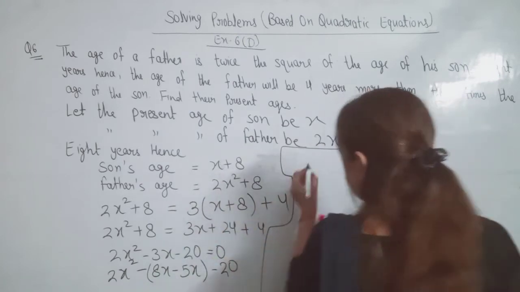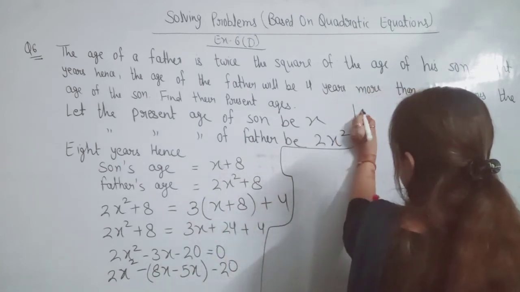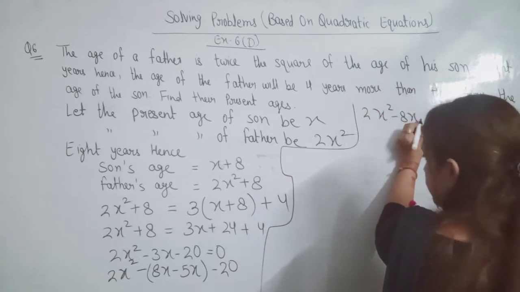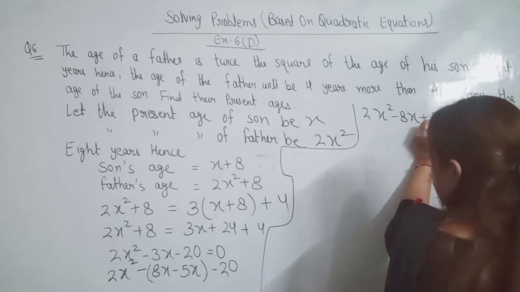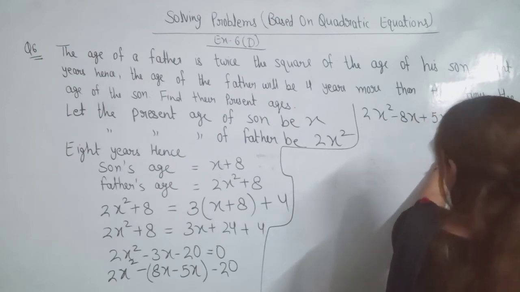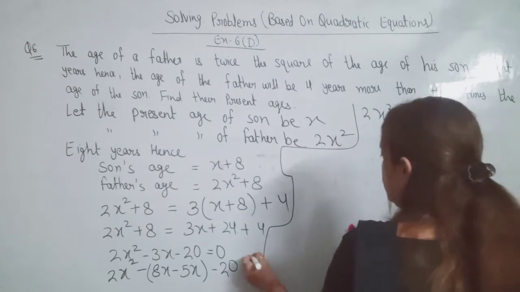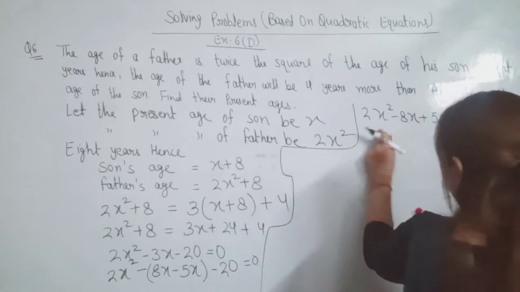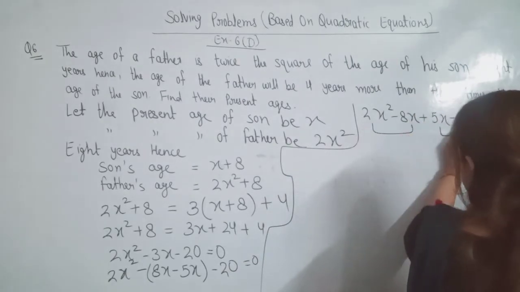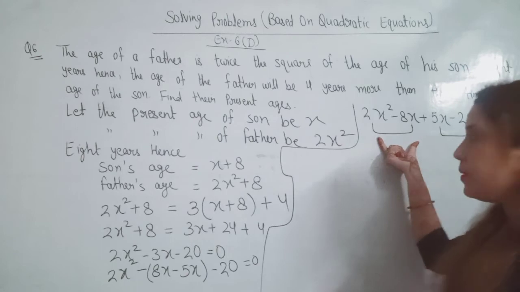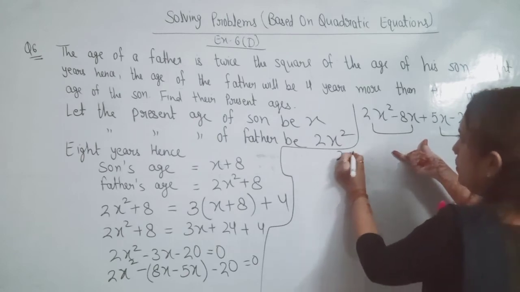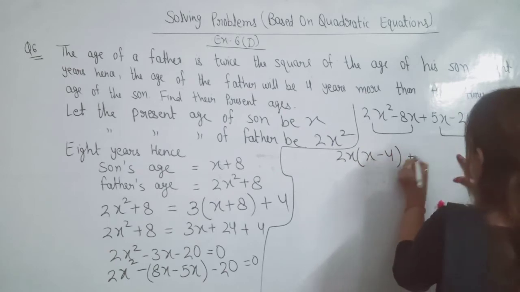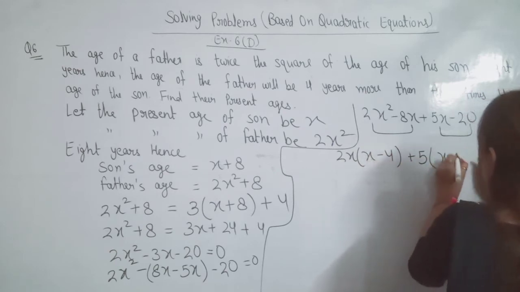So when we solve, it will come 2x square plus 8x minus 5x minus 20 is equal to 0. So what is common? Make the pair. In the first pair 2x is common. So it will be x plus 4, minus 5 is common, x plus 4.